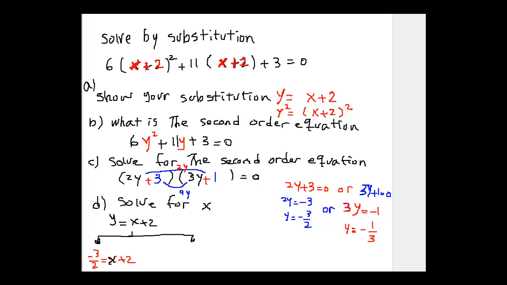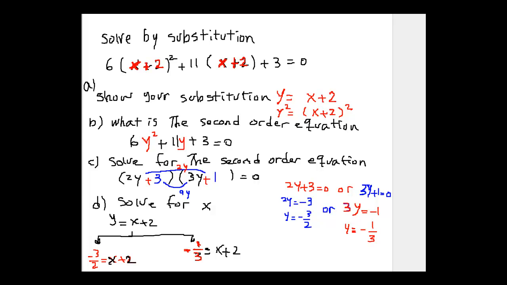And then here we say if y is equal to minus 1/3, we can solve for x here. So there it is. I'm trying to use different colors so you can see it better. So minus 3/2, and we have there. Okay, then you can solve for each of those.